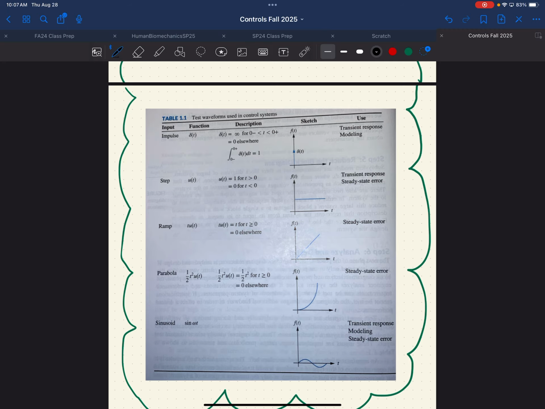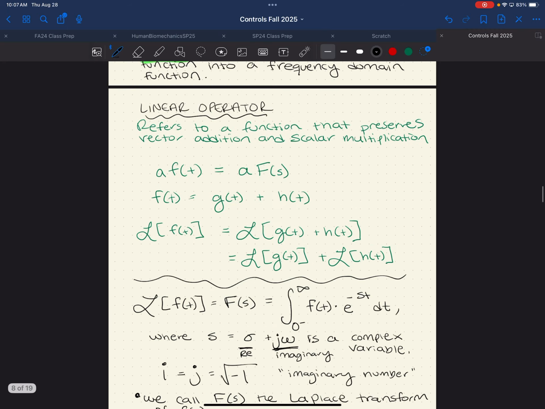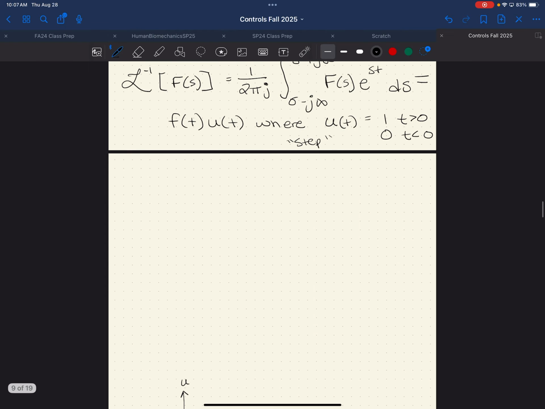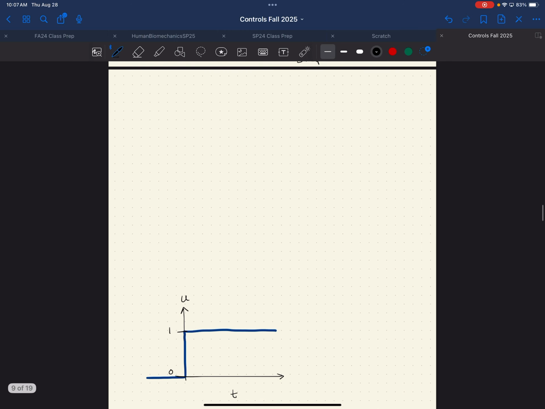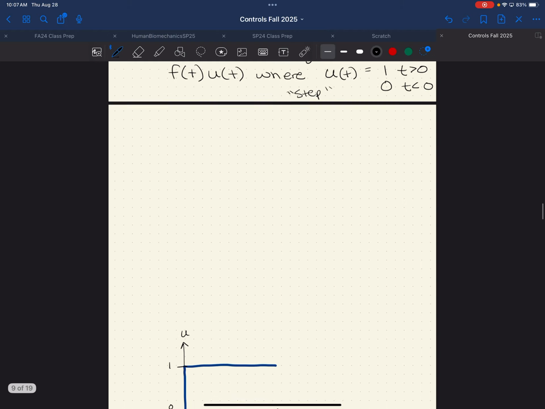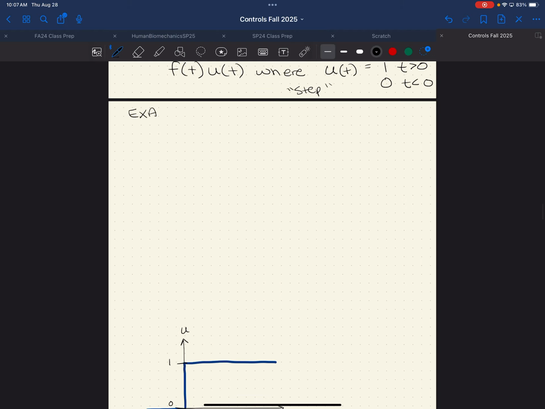All right, let's do an example. This is going to be the very first time you take a Laplace transform, and we're going to do it in a way that you will probably never do again, just so you know. Let's do example 1. It's kind of like when you first learned derivatives.